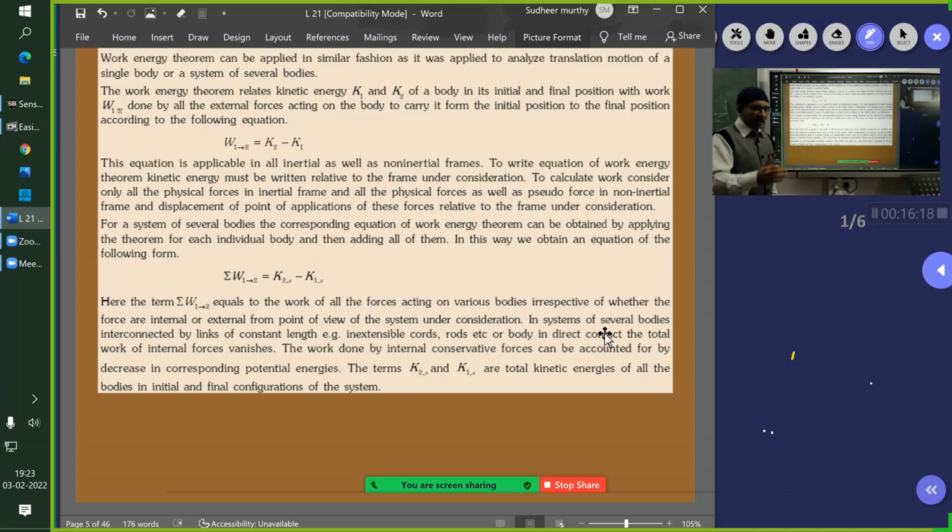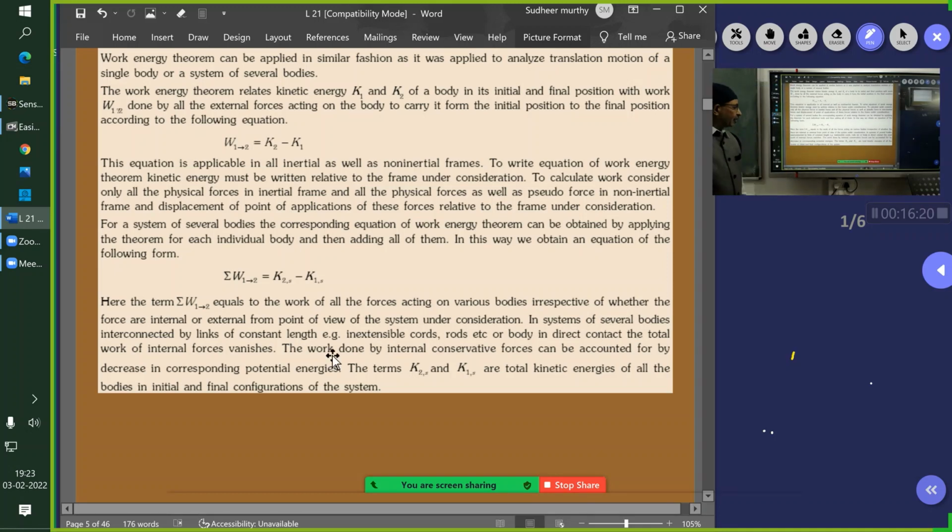Okay, we have worked on that. Similarly, you have to work it. Here the term summation W1 to 2 equals the work of all forces acting on various bodies, irrespective of whether the forces are internal or external from the point of view of the system under consideration.